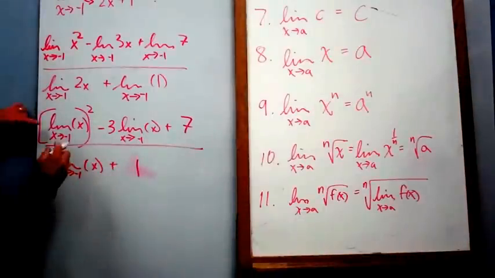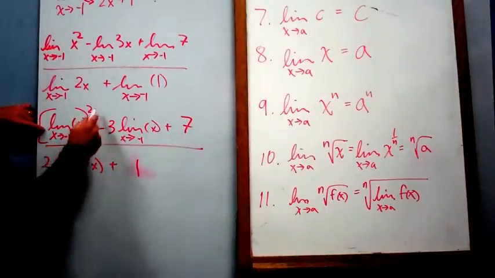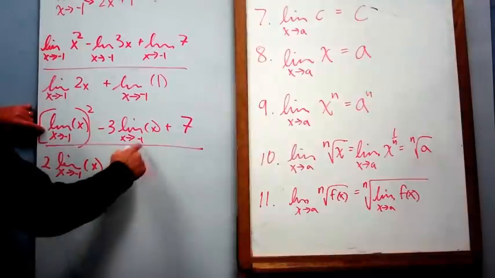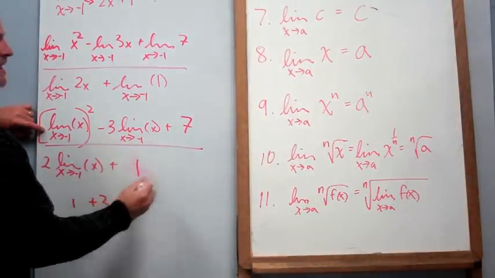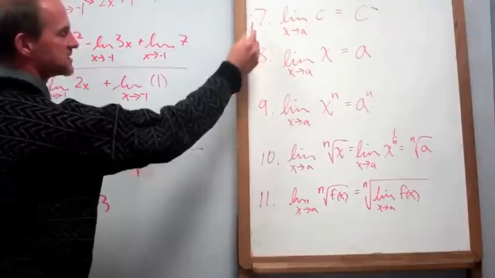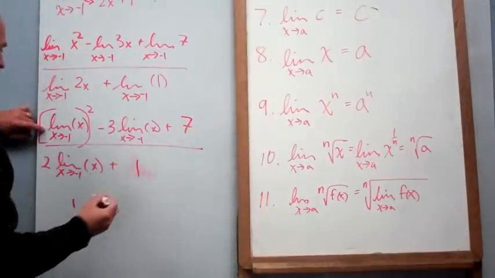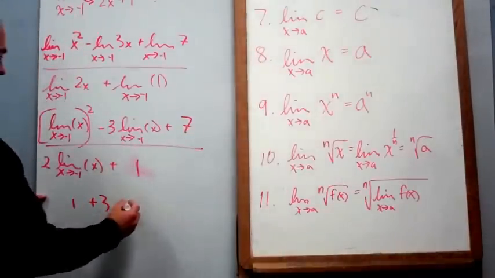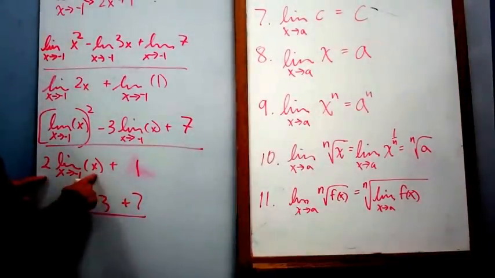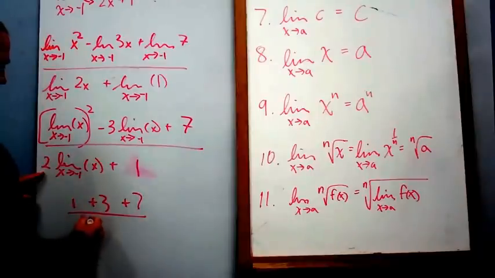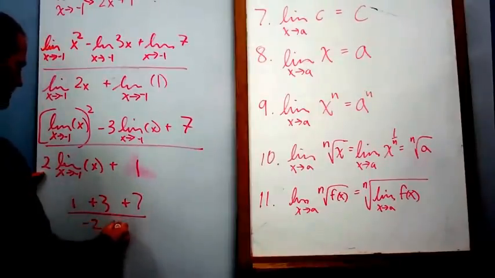Okay. So if I plug in -1 and then square it, I get 1. If I plug in -1 and multiply by -3, I get +3. These are all just sort of using these laws here. Again, I'll let you look for the number, in the interest of saving time, +7, and then all over, when I plug in -1 there, I get -1 times 2 is -2 plus 1.